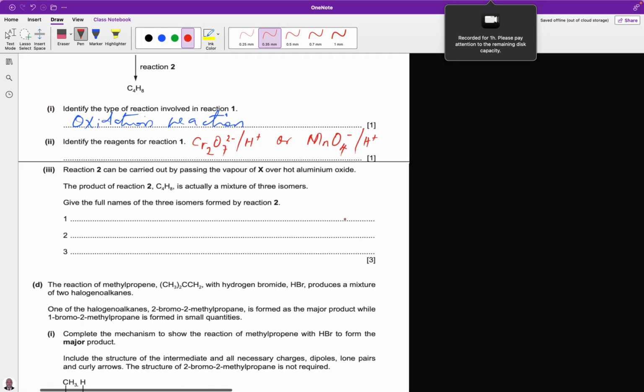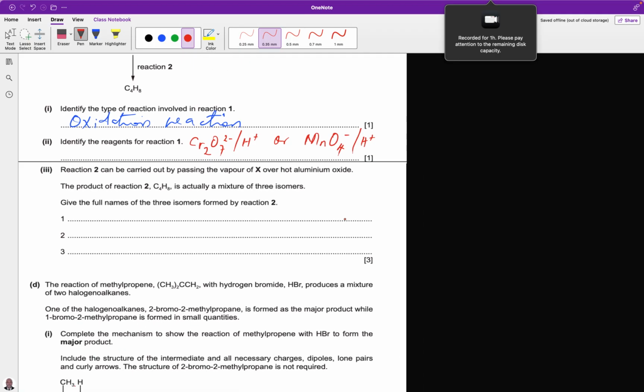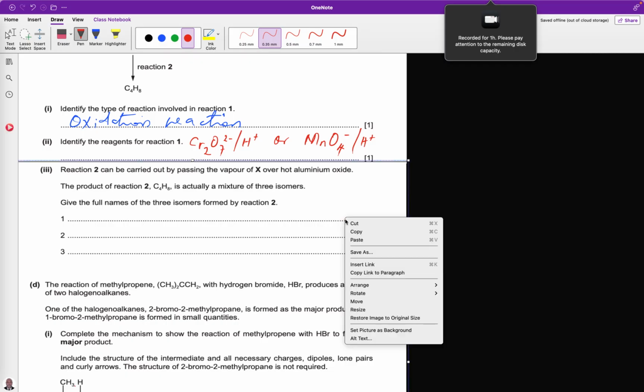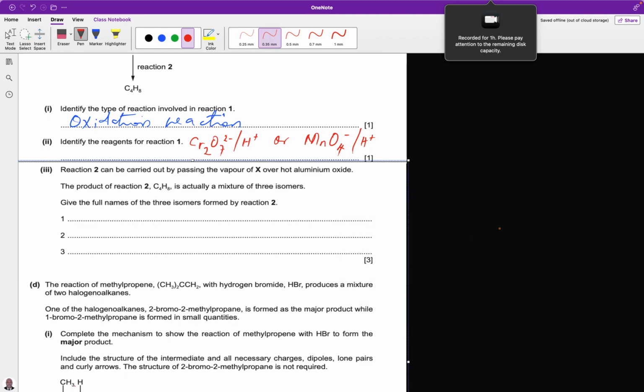You will realize that for the purpose of revision, butene will have C4H8.